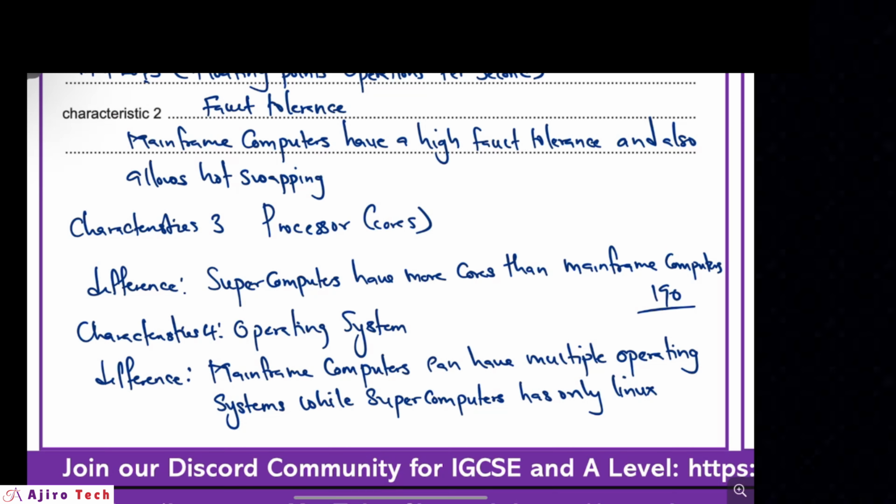Mainframe is for banks, airlines. Supercomputer is for what? Okay, let me just put this here. Mainframe for banks, airlines, and supercomputer is for what?